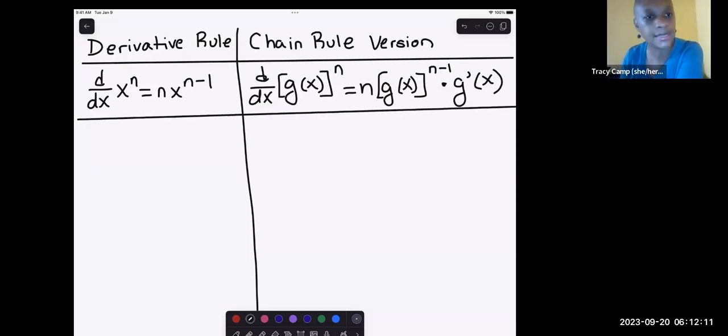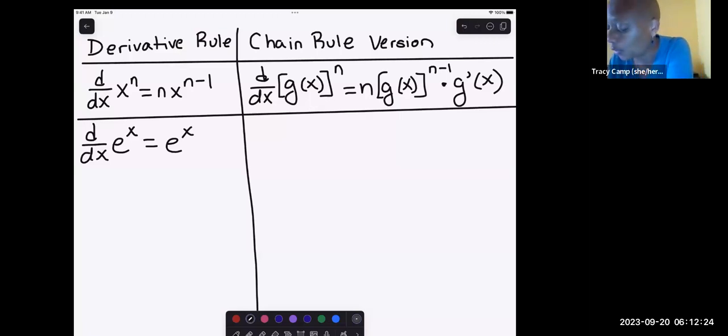So I'm going to list the differentiation rules that we've learned so far and write their chain rule equivalent. The derivative of e to the x is just e to the x. The chain rule equivalent, by the way, chain rule is always used whenever you're using a rule but there's some function other than just x in place of x.